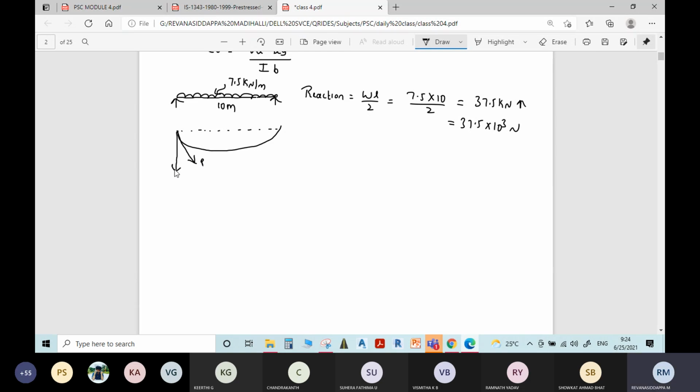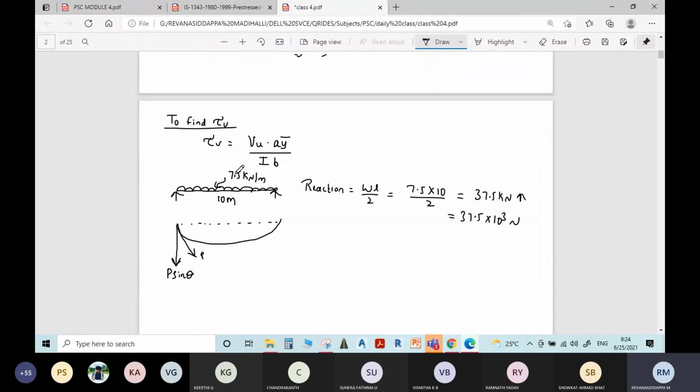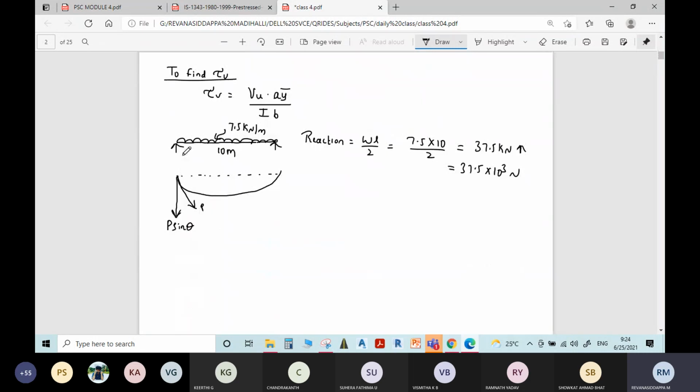We need to calculate P sin theta. So the total shear force at the support is the combination of the reaction due to the external load and the vertical component of the prestressing force, P sin theta.